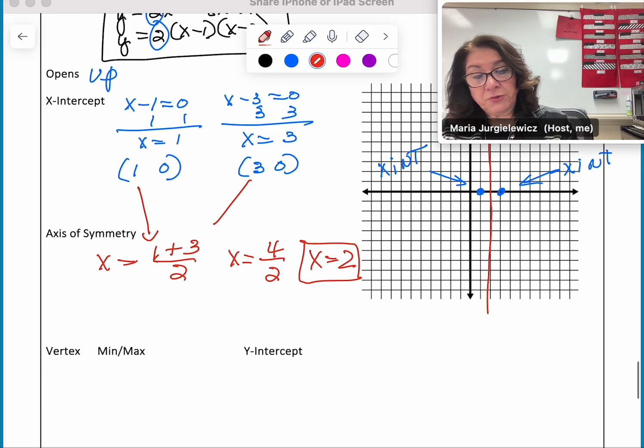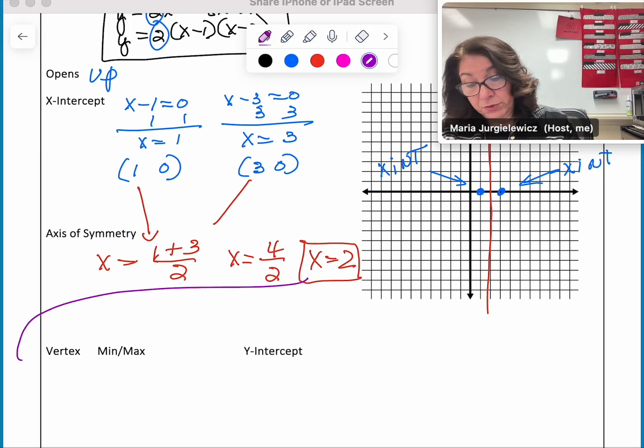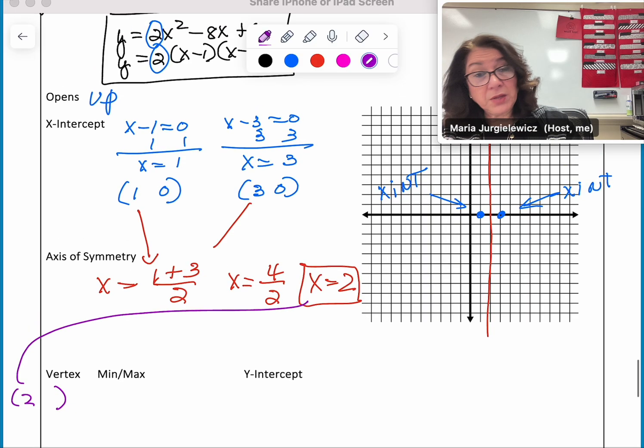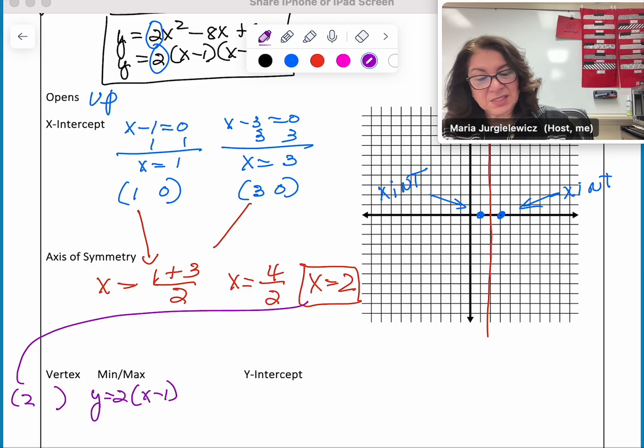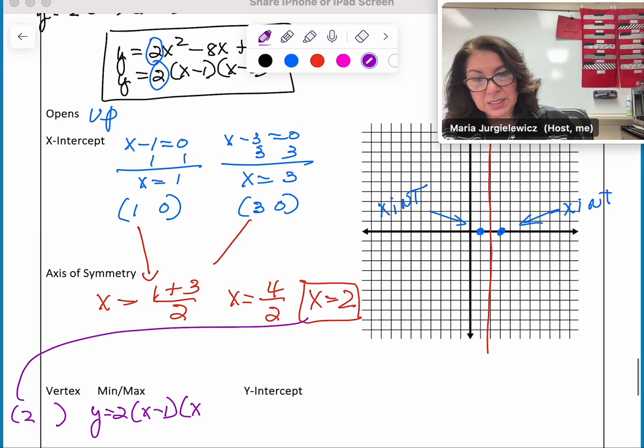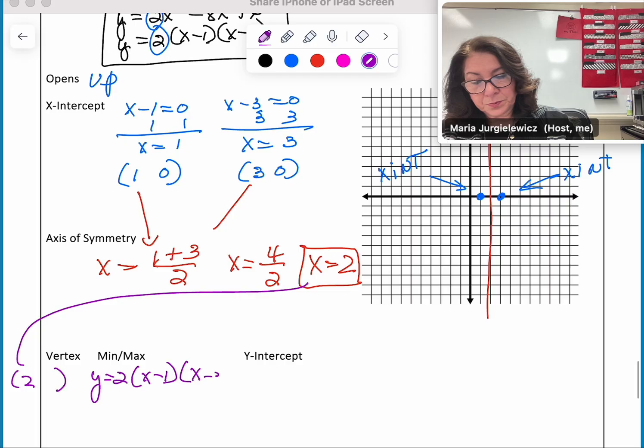And now if I want to find my vertex, it's on that line, so I already know that the x value has to be 2. And I'm going to plug it into either one of the equations. I usually like to go with the second one that's factored, and that way you have less tendency to make silly mistakes. Okay, and we're going to put in the number 2 everywhere that you have an x.